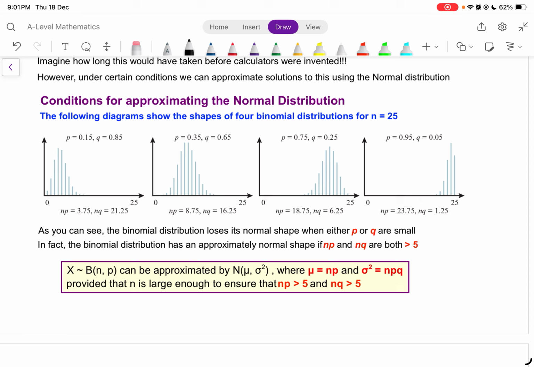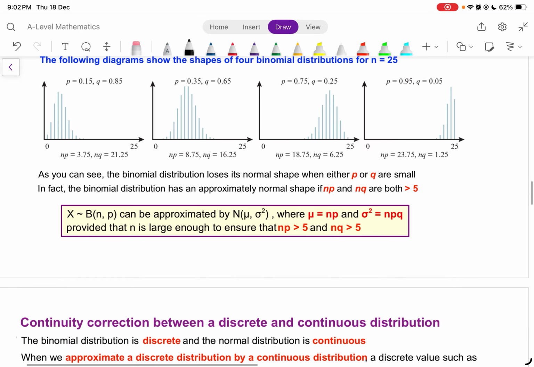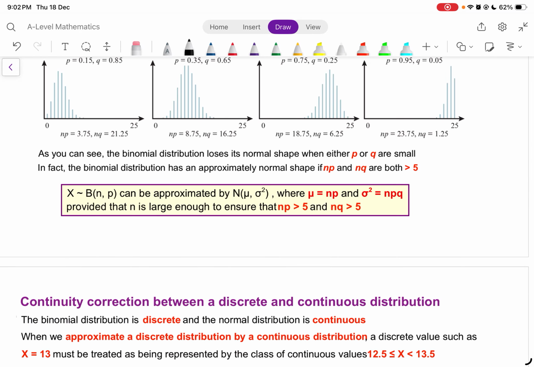So, the binomial distribution has approximately normal shape if 我们的 np and nq are both bigger than 5. So as long as 我们是有这一个 condition, 我们就可以拿来 approximate 它的 distribution. So that's the reason why sometimes 我会 mess up between binomial and normal distribution because they are quite similar. And you can see that it's actually linked together.